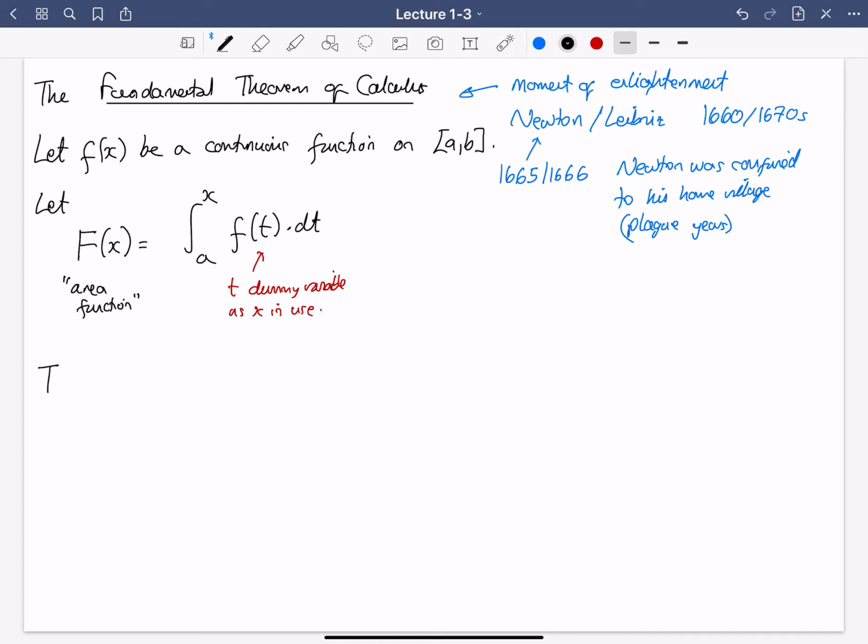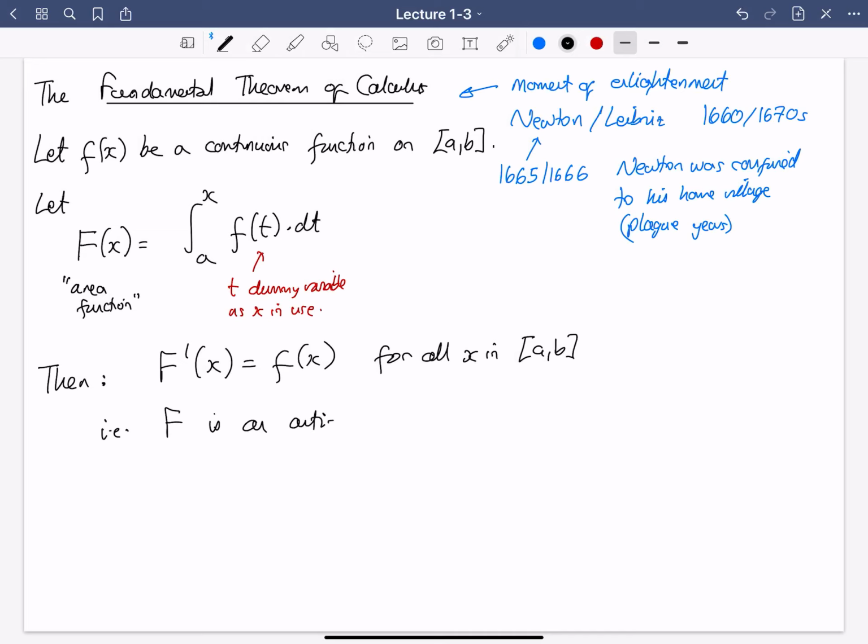And then the fundamental theorem of calculus says that the derivative of this big F is the little f for all x in the interval [a, b], i.e. big F is an antiderivative of little f on this interval.